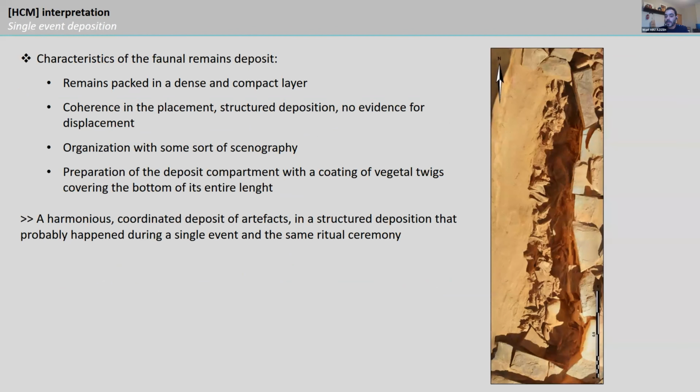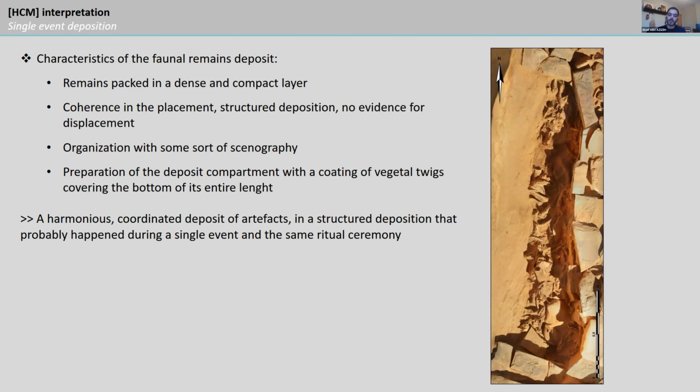The fact that the faunal elements are packed in a dense and compact layer with almost no sediment between the faunal remains; the coherence in the placement of the remains in a structured deposition with no evidence of displacement indicative of subsequent addition of new elements; the spatial analysis of the assemblage indicating some sort of organization, some sort of scenography, with the placement of wild species and remarkable pieces at the center of the deposit; and finally the preparation of the deposit compartment with the coating of vegetal twigs covering its entire internal space.